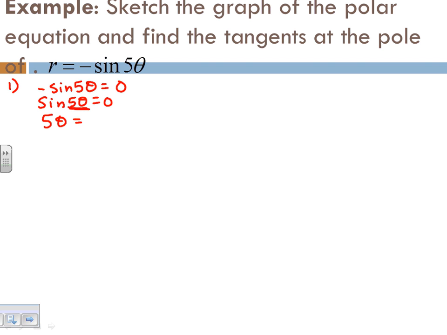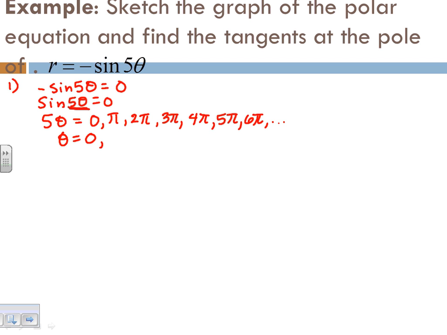5 theta would have to equal what? 0, pi, 2 pi, 3 pi, 4 pi, 5 pi, etc., right? So that means theta would have to equal what? Yeah, divide by 5.